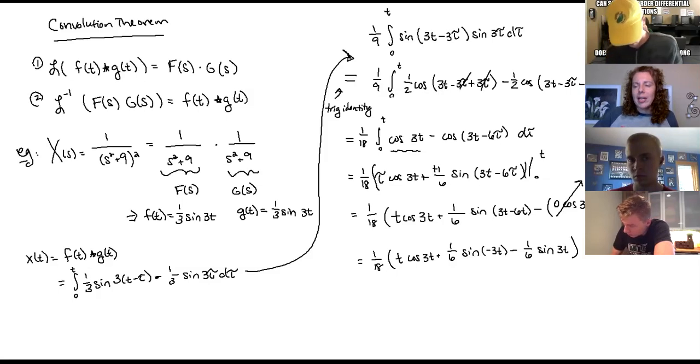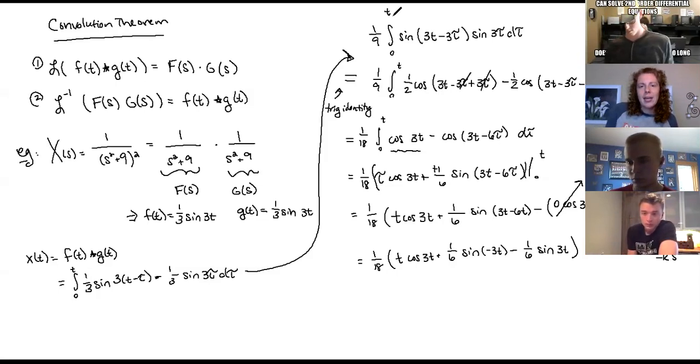One more trig identity: sine of negative kt, you can pull a negative out in front. So sine of negative kt is negative sine of kt. That's because sine is an odd function.